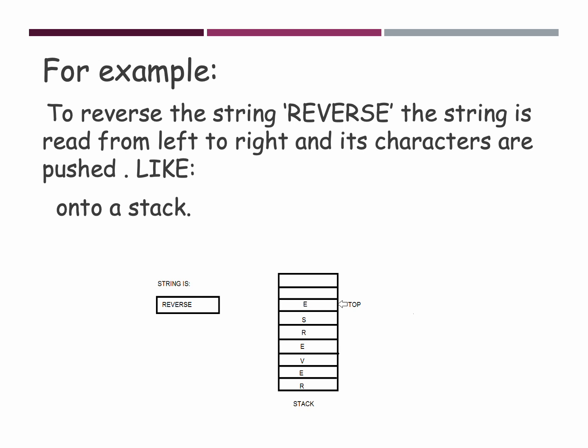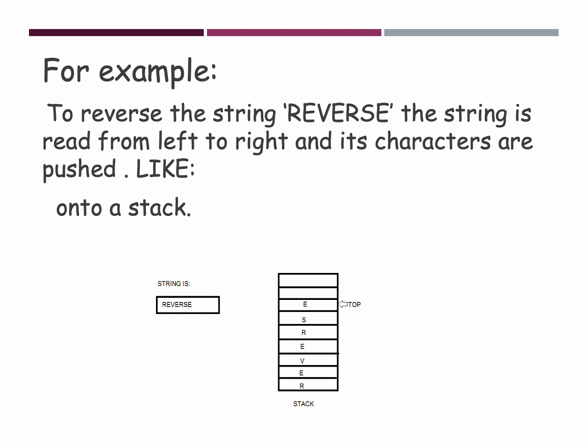Now when you pop this REVERSE string, to reverse it, the characters are popped from the stack. Since it operates like LIFO, we will pop out ESREVER. It will come out like that. So the stack's LIFO property makes it a perfect data structure for reversing the order of elements, such as characters in a string.